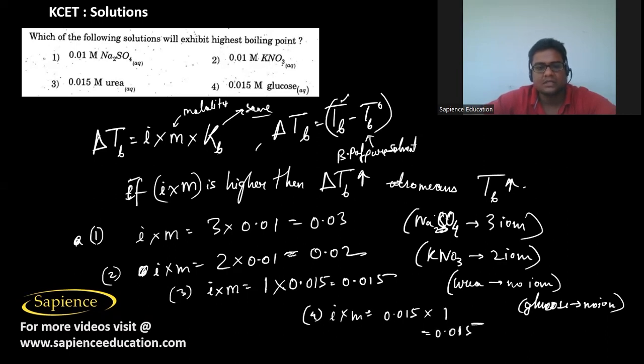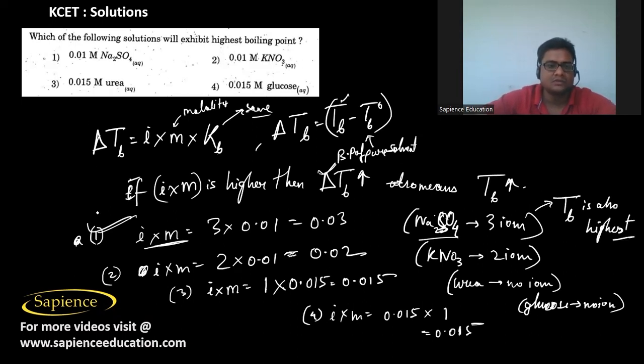So the maximum value of i into m is for the first option. For the sodium sulfate solution only, the elevation in boiling point will be highest, so the boiling point TB will also be highest. So option 1 is the correct answer.